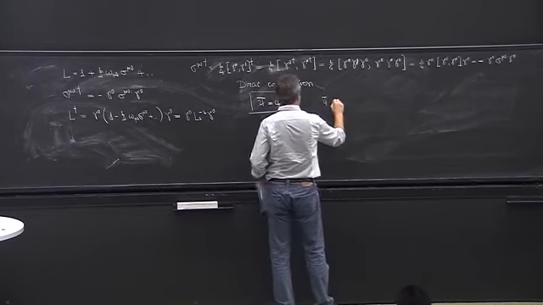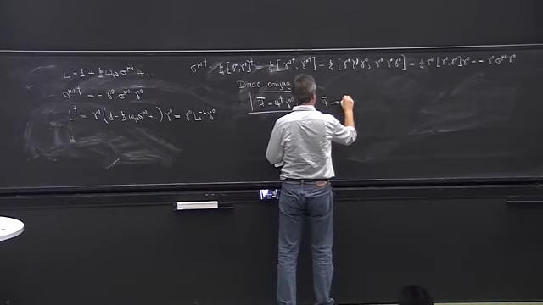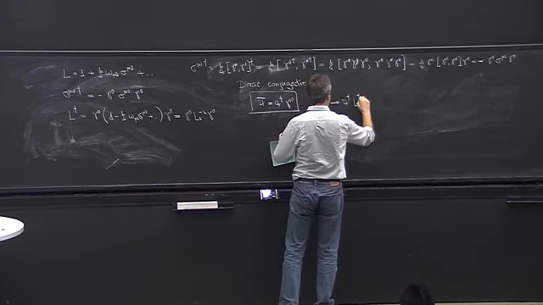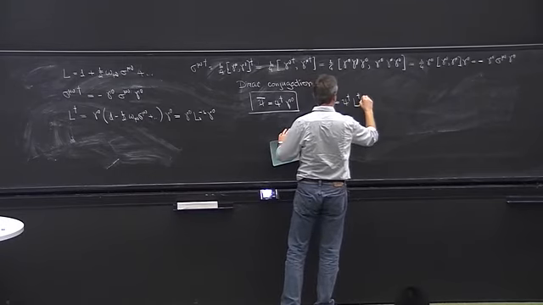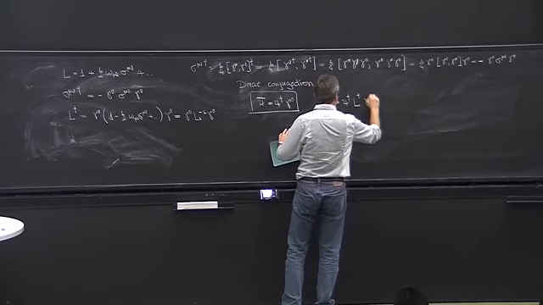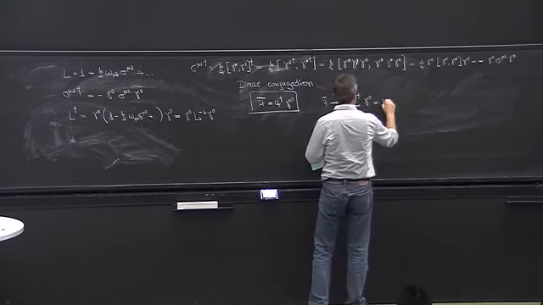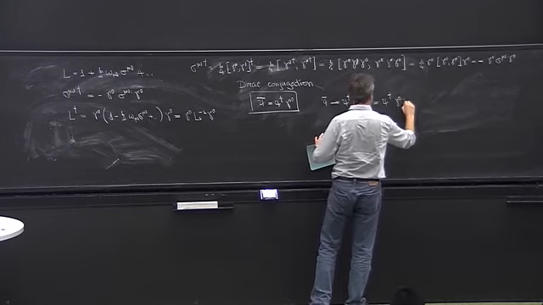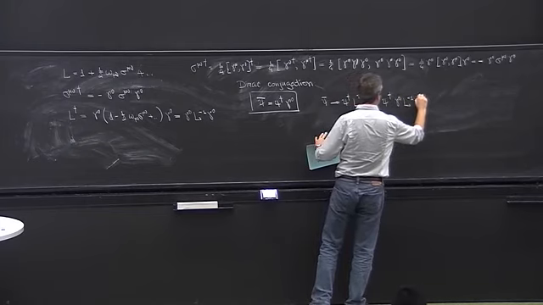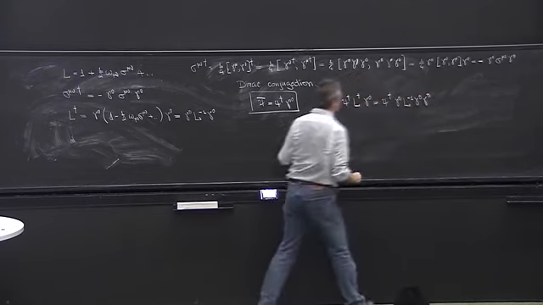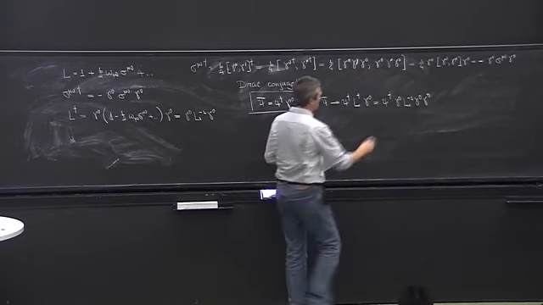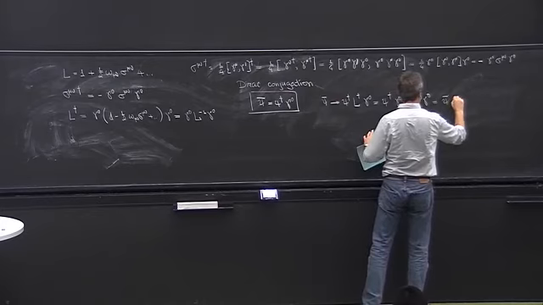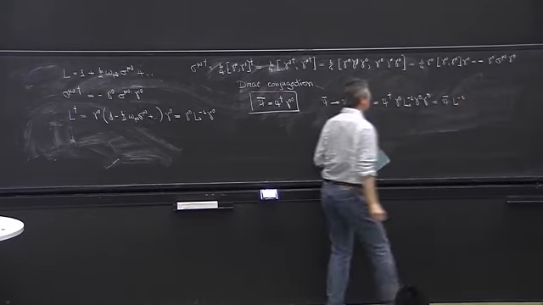Well, just because the conjugate spinor transforms with L dagger, and this L dagger is gamma 0, L minus 1, gamma 0, and then another gamma 0. Gamma 0 squares to 1, and so this is psi bar L minus 1.